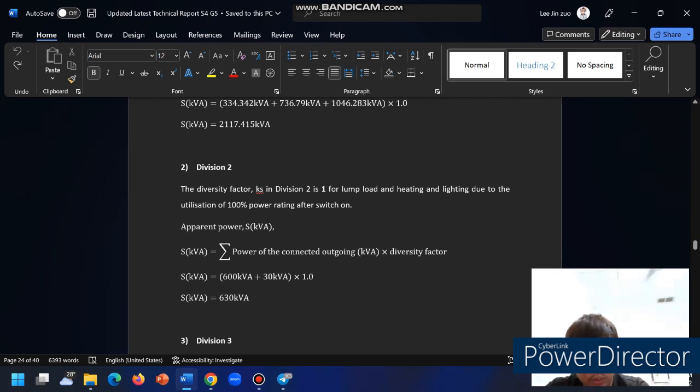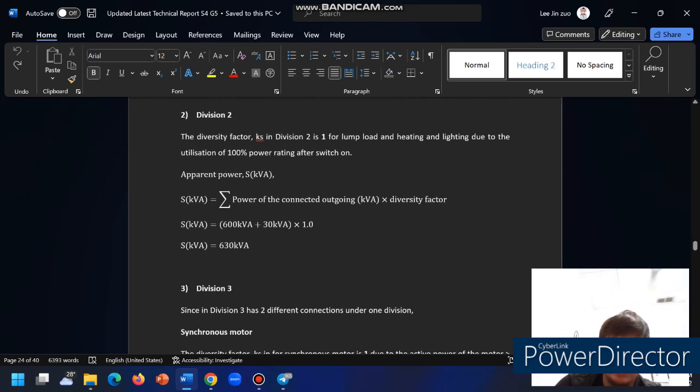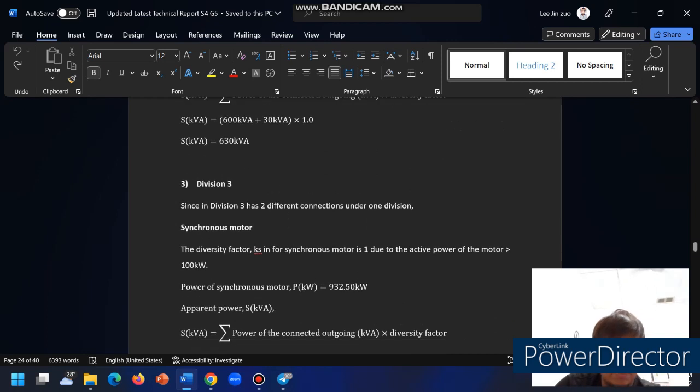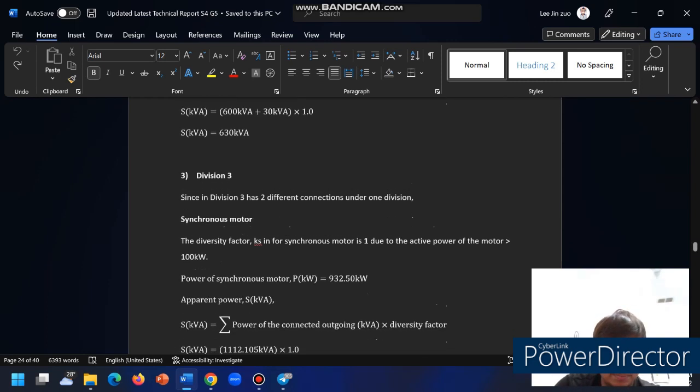For division 2, KS is also 1 due to heating and lighting, and also the lamp load is utilized at 100% of power rating after switch on, so it will be 630. For division 3, it is all the same because the active power of the motor is greater than 100 kilowatt.